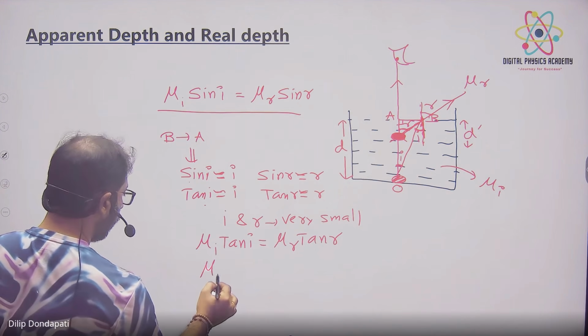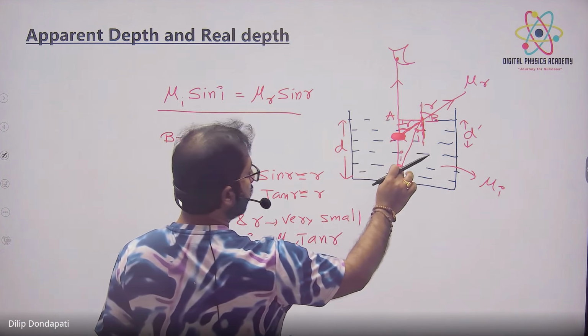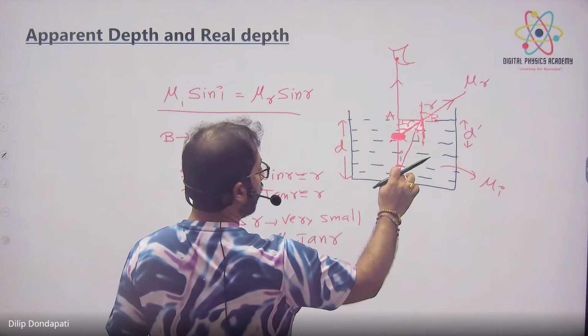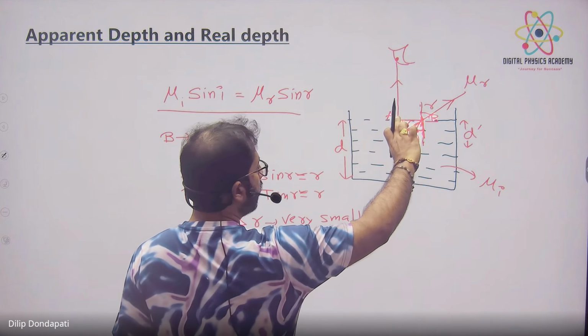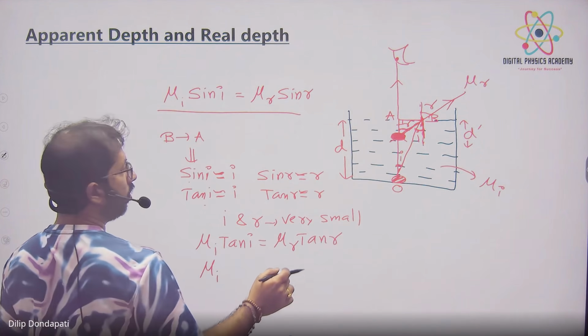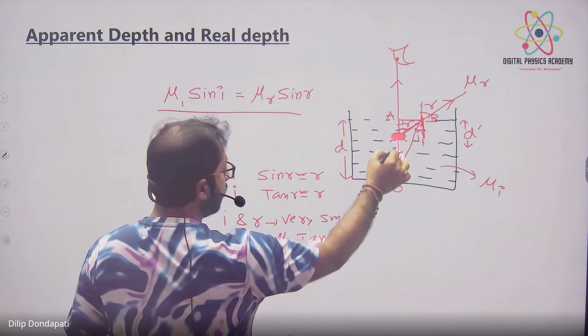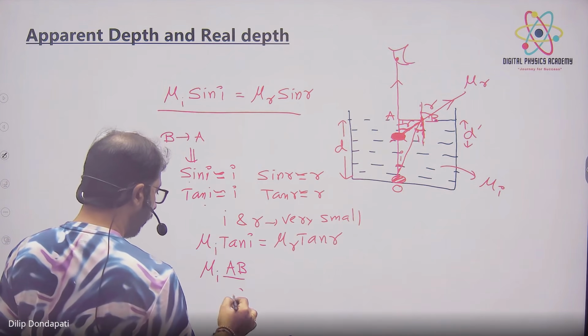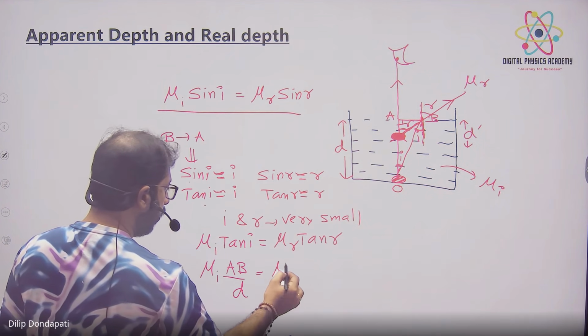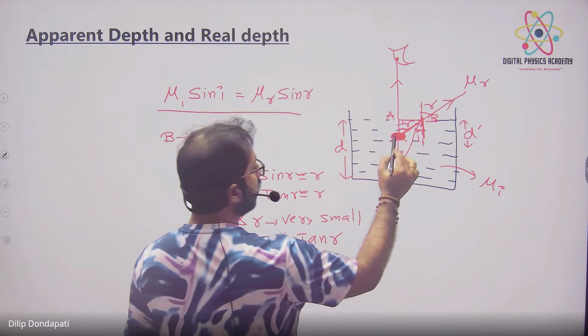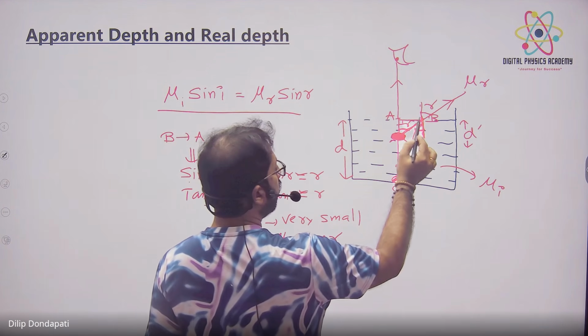Mu I into tan I. In this right angle triangle, tan I is opposite by adjacent. That opposite is AB by adjacent, which is nothing but D only, is equal to mu R into tan R. In this small right angle triangle, what is tan R?